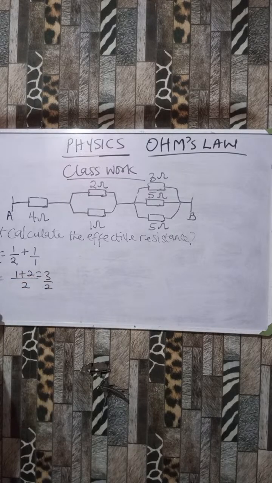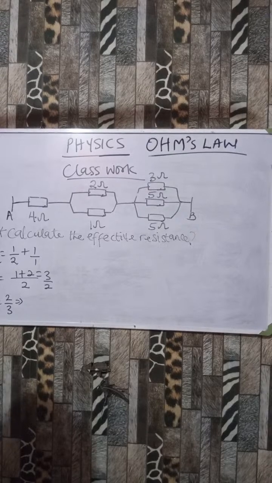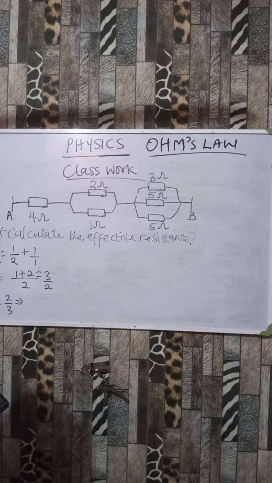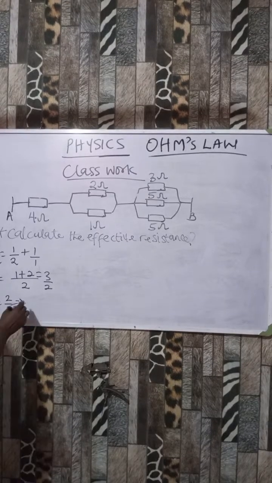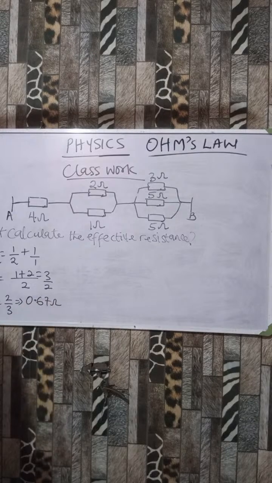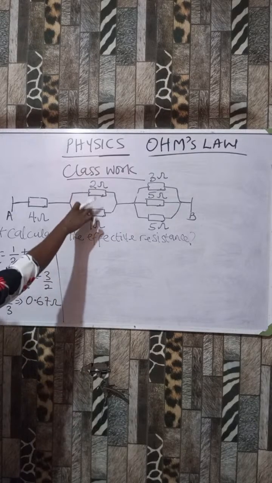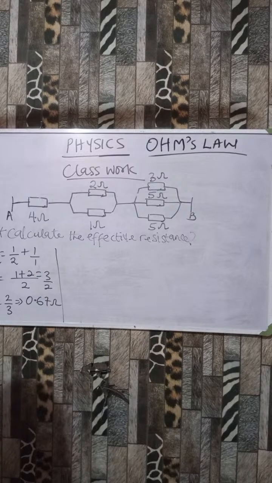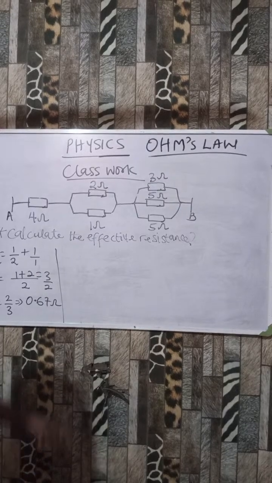But what we are looking for, R total, is going to be 2 over 3, right? Now by the time we divide it, 2 divided by 3 is going to give me 0.67 ohms, right? This one is just for this. You know, and Kevin, hope you are together. This is just for this.